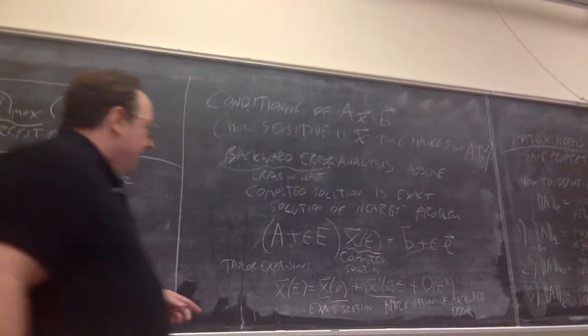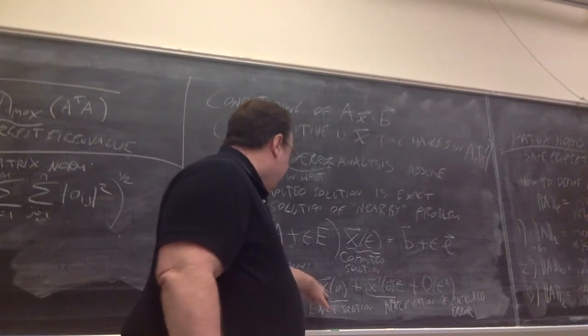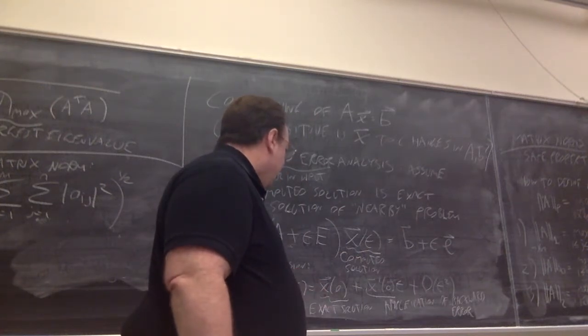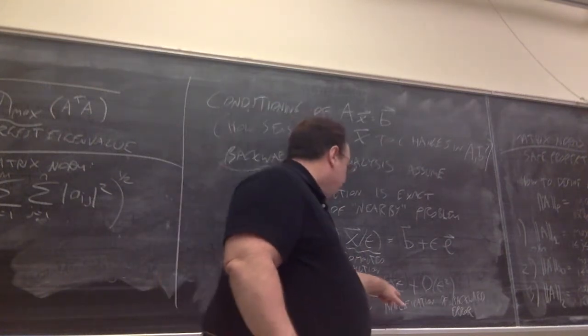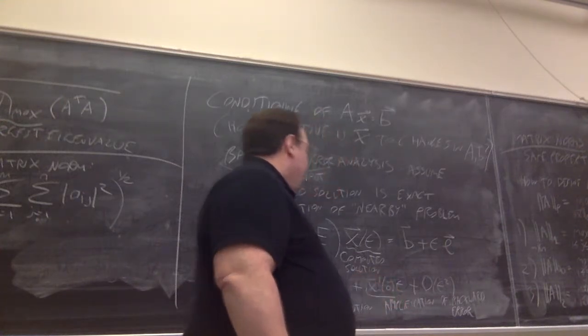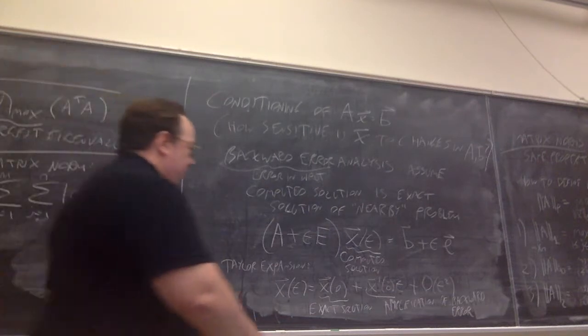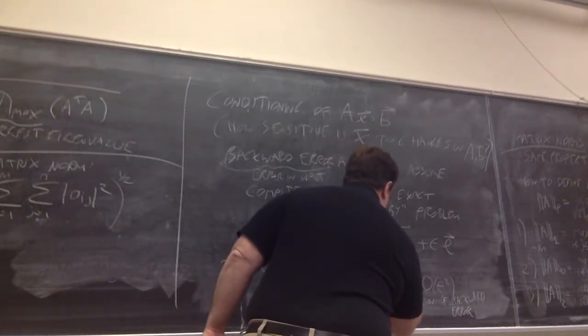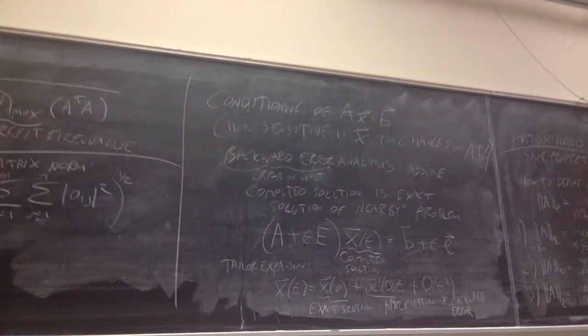So this minus this is your actual error. So it's roughly equal to the size of error in your input times this. So we need to get a handle on this. And that's a 0, not an O. I'll make clear. So if we get a handle on that, then we know how backward error is amplified to get forward error. All right.